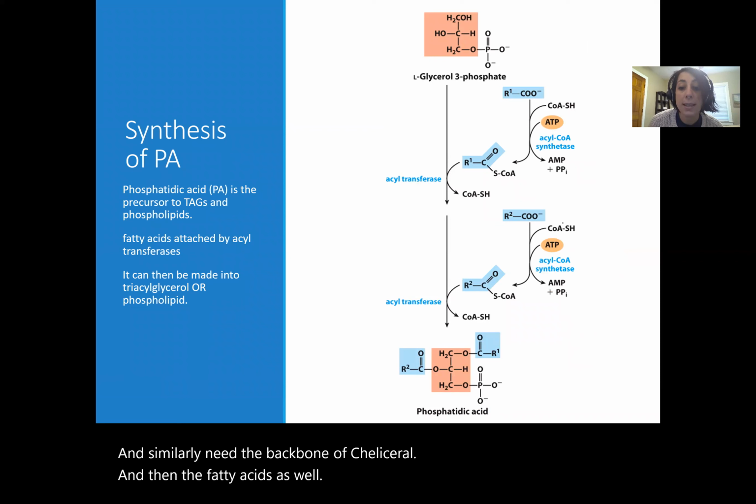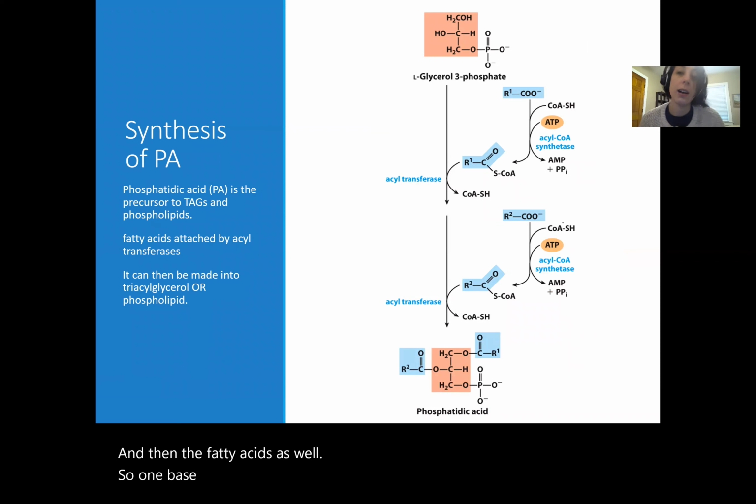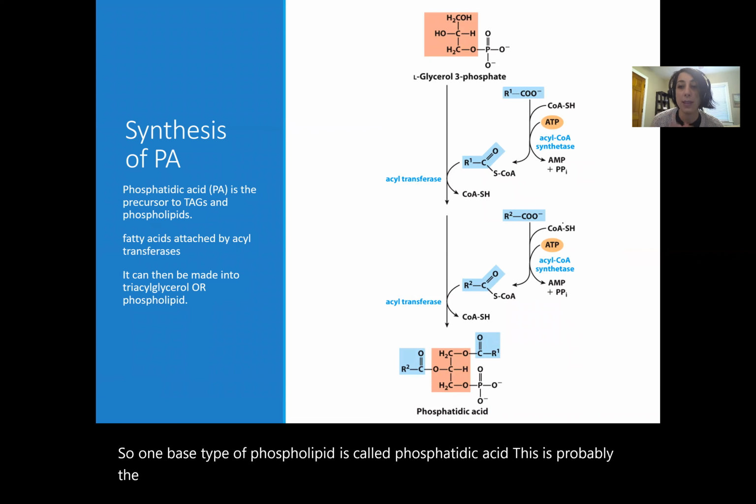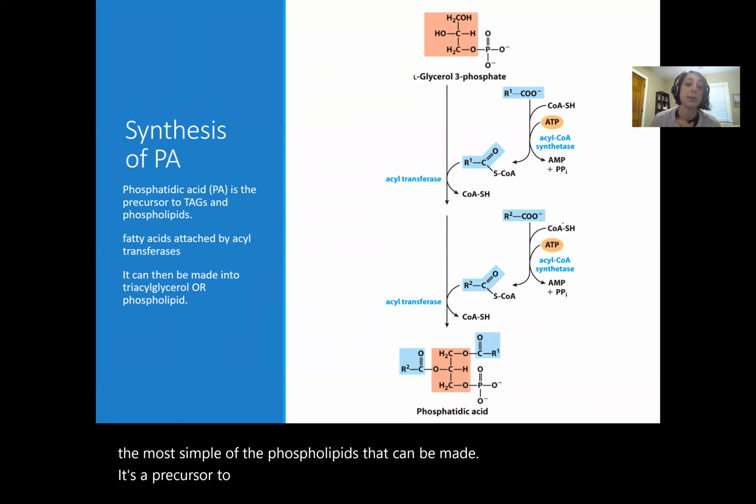So one base type of phospholipid is called phosphatidic acid. This is probably the most simple of the phospholipids that can be made. It's a precursor to our triacylglycerides.